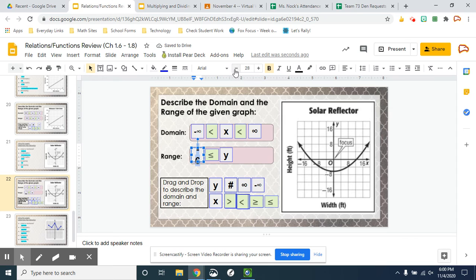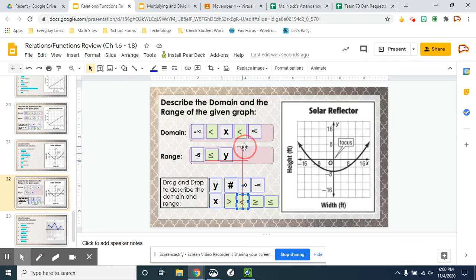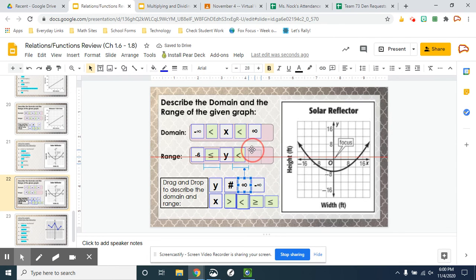But there is no limitation to how large the y is, so we also want to include its boundary on the other side. So y would also need to be less than infinity. Basically, the way we're writing these are compound inequalities, the "and" ones, the intersection ones. So y has to be greater than or equal to -6, and it has to be less than infinity. So we have to be between these two things.